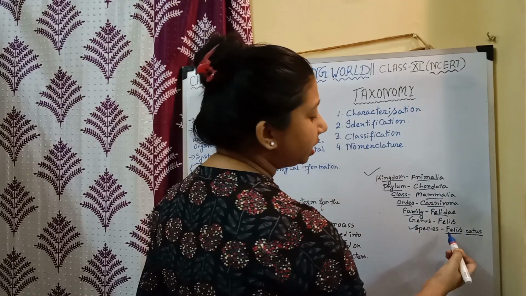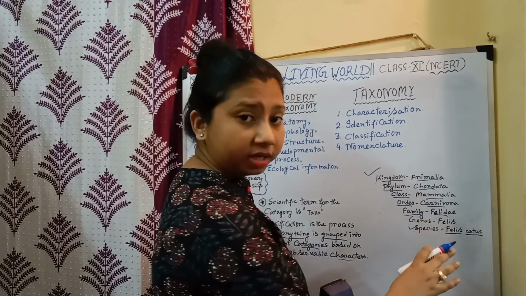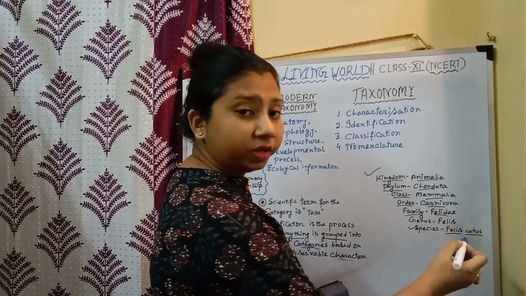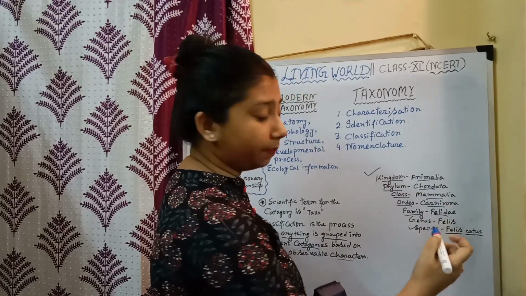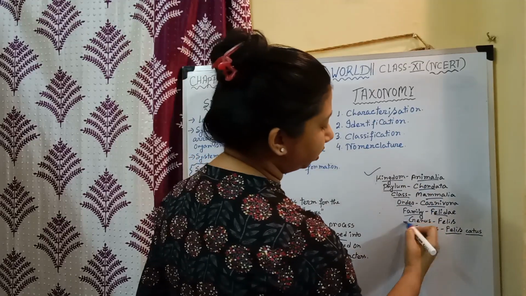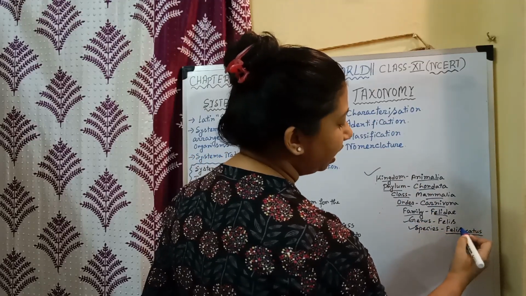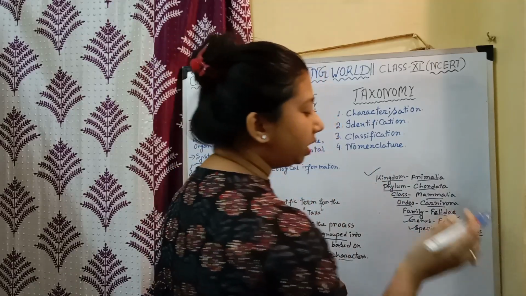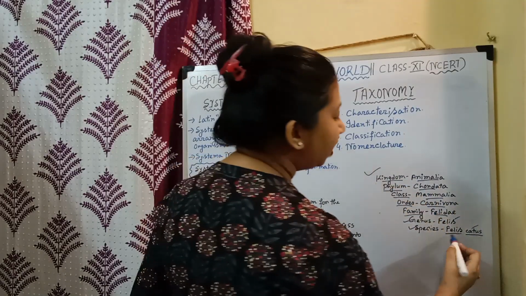We know that the first component of the scientific name is the genus name. So here Felis is the genus name of the cat. And what is the species name of the cat? Catus. So what is the scientific name of the cat? Felis catus.